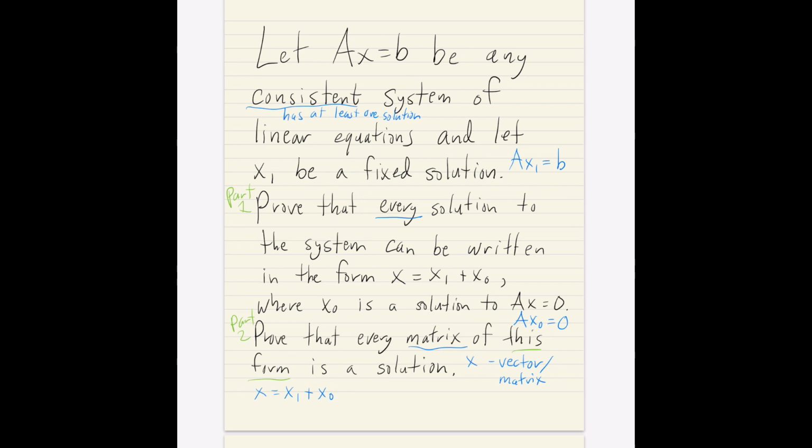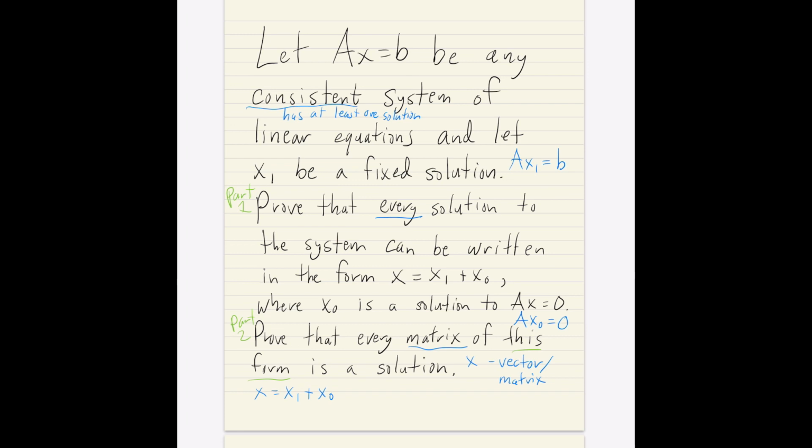We have to give a general solution, x, and then show, or in this case prove, that that solution is equal to x1 plus x naught. And then the way part two is different is that we assume we have a matrix in the form x equals x naught plus x1, and we're going to show that that's a solution.